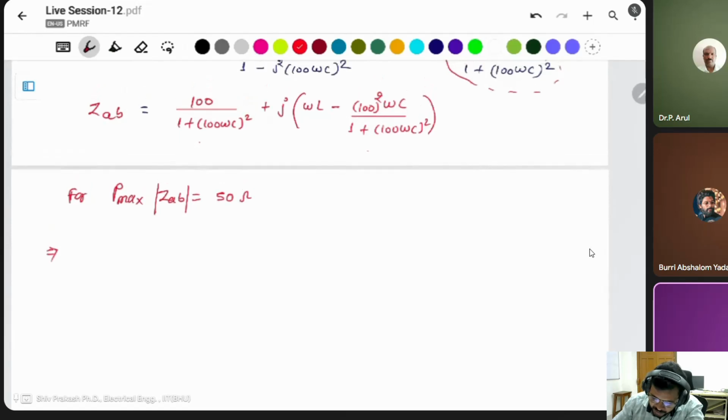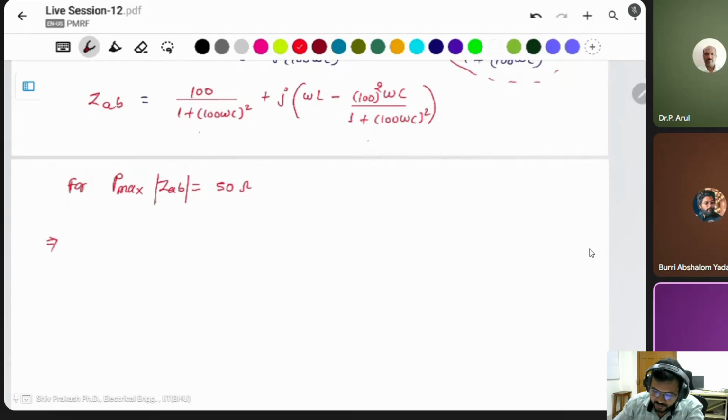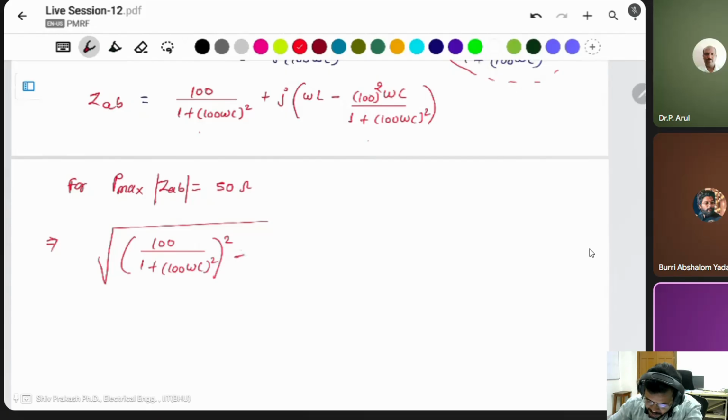How can you find the magnitude? It's the root of real part square plus imaginary part square. The real part is 100 divided by (1 plus 100 omega c) whole square, plus the imaginary part omega L minus 100 square omega c divided by (1 plus (100 omega c) square).